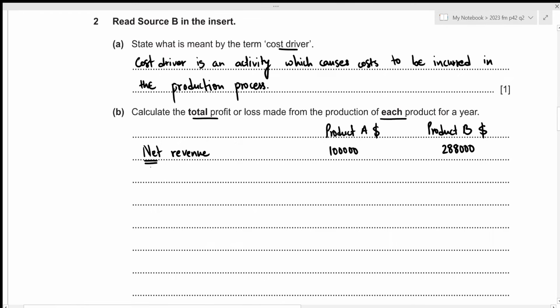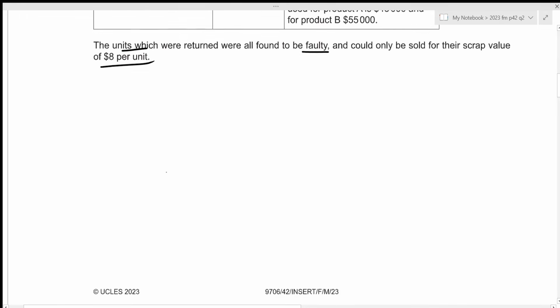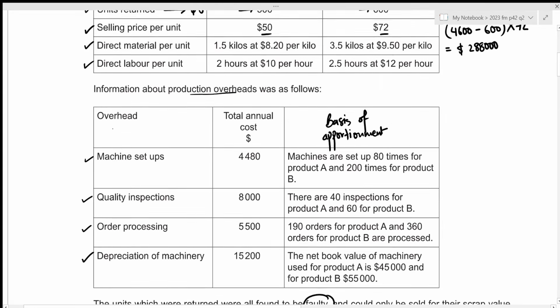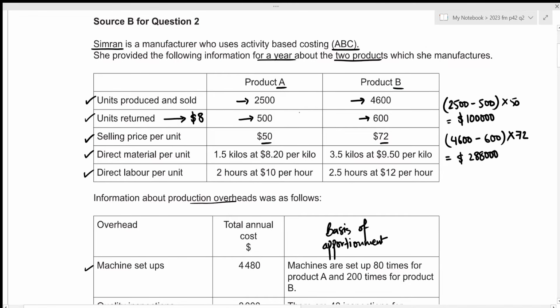Now the next step would be to add our scrap values as well, because we are told that the units which were returned were all found to be faulty and could only be sold for the scrap value of 8 per unit. So in order to figure out the scrap value for product A, we'll just multiply the total units returned by its selling value now, which is $8.